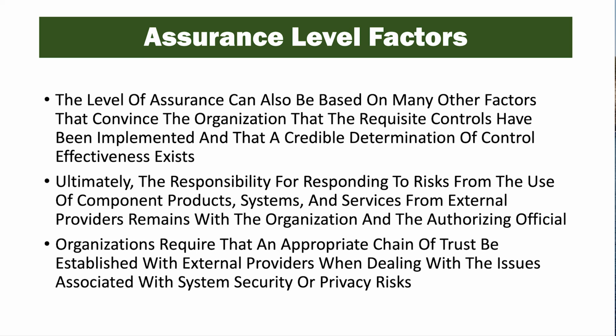Ultimately, the responsibility for responding to risk from the use of component products, systems, and services from external providers remains with the organization and the AO, or the authorizing official. Organizations require that an appropriate chain of trust be established with external providers when dealing with the issues associated with system security or privacy risks.